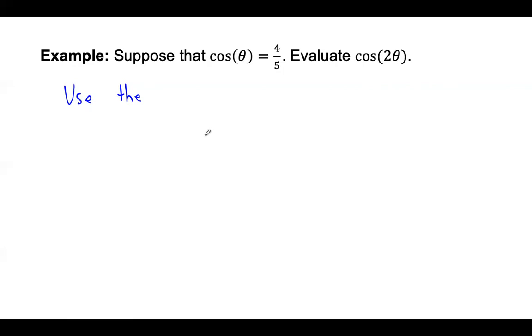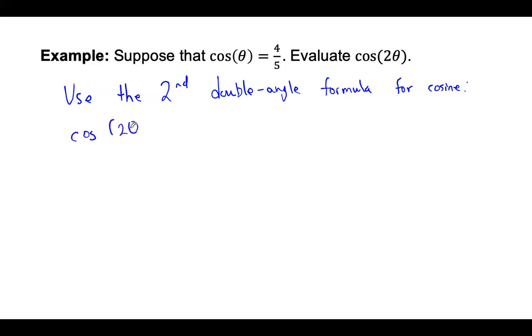So let's use the second double angle formula for cosine. This is going to be cos of 2 theta is equal to 2 times cos squared of theta minus 1.